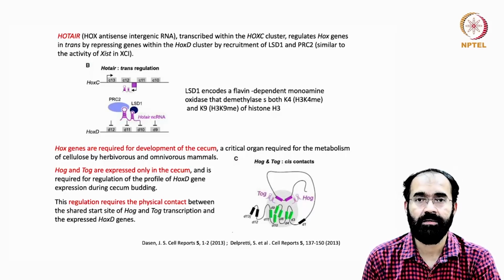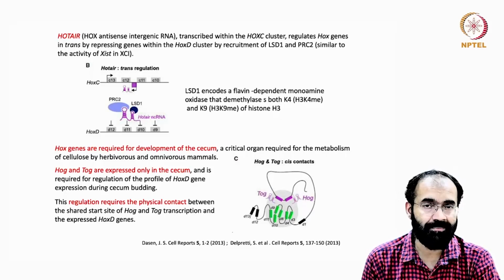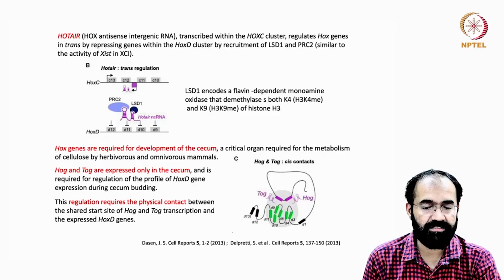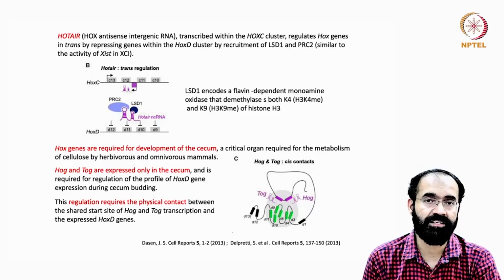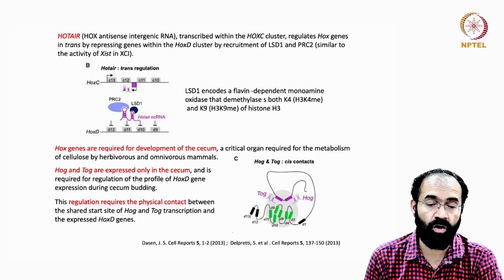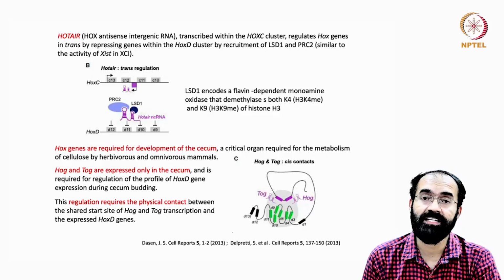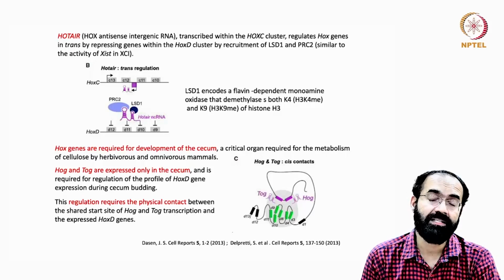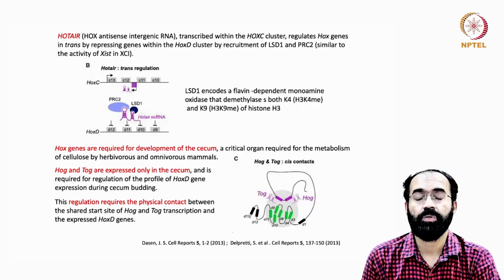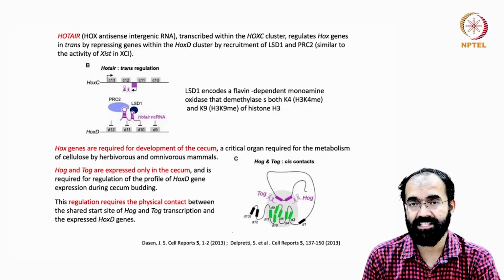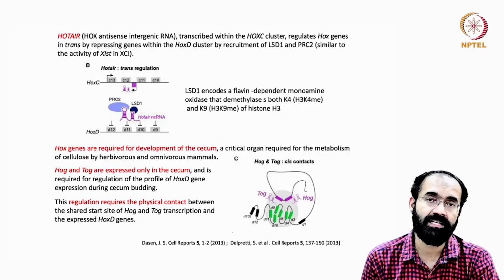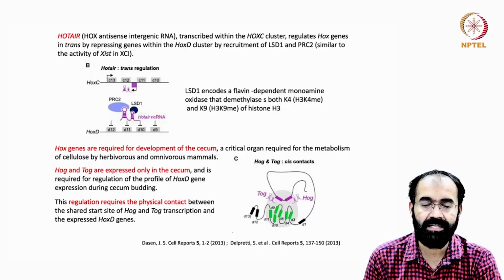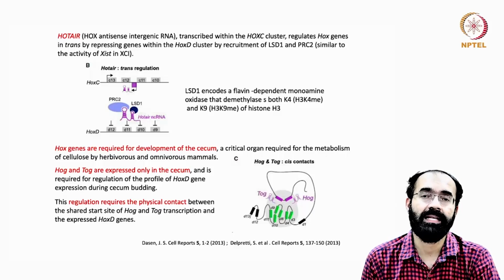Or in other words, negatively regulate doesn't mean that it is always turning it off. So it makes sure that when it is transcribed in the HOXC cluster, it can repress the HOXD. So when HOXC has to be expressed in that place, if HOXD is expressed, then that will give a leakiness.